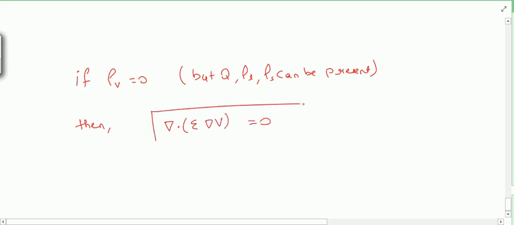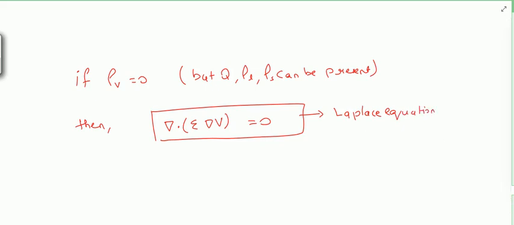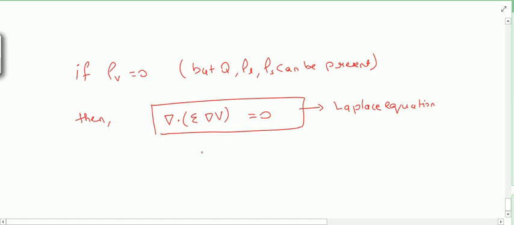This equation is known as the Laplace equation, for non-homogeneous medium.